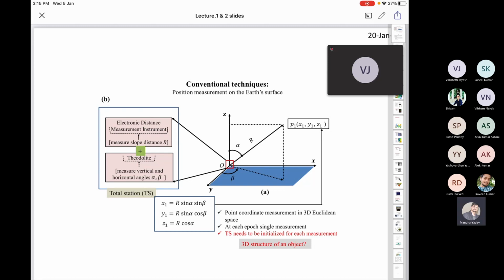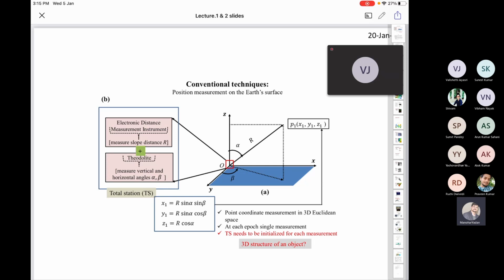Now we have another instrument, that is the theodolite. This theodolite is used to measure the angle from a reference line. Okay, so it is used to measure the vertical angle, that is alpha over here, as well as the horizontal angle beta.